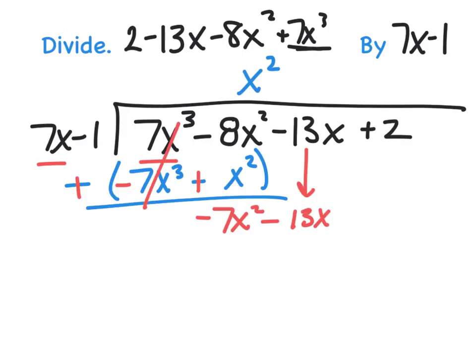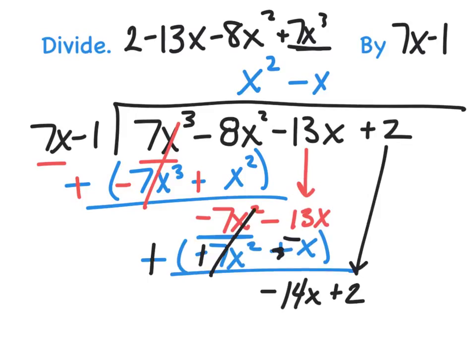So I'll show some of my in-between steps. I decided x squared, I would multiply by 7x to get 7x cubed. So I chose x squared. I had 7x cubed minus 7x squared, put my minus outside, changed my sign, so I was left with negative x squared. Brought down my 13x. In my next section, I said 7x times a negative x would get me negative 7x squared, so I used negative x. And I had negative 7x squared plus x.